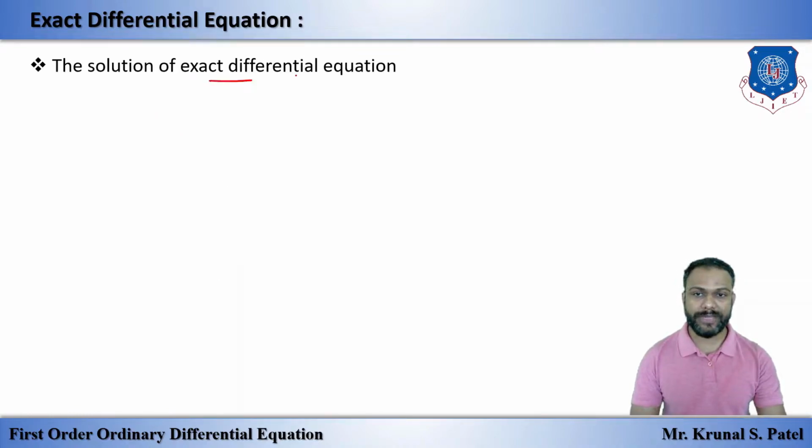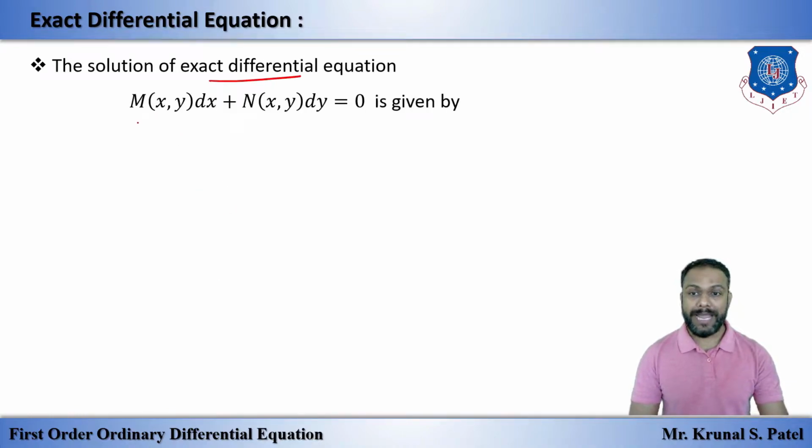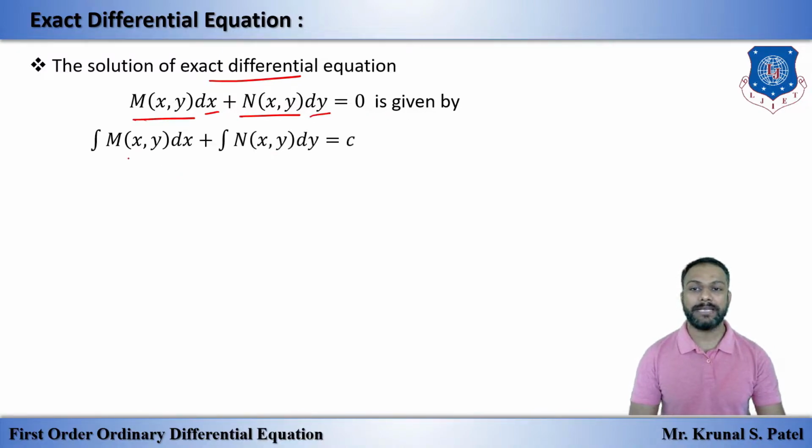The solution of the exact differential equation M of x, y dx plus N of x, y dy equal to 0 is given by this. Simply integrate this and put the integral constant c.